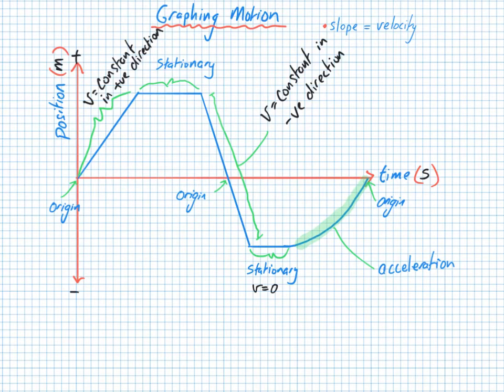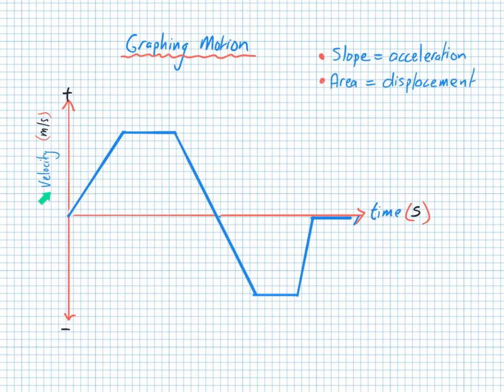We can also look at the gradient here. The gradient measures the velocity, and at different points on our graph, the gradient is increasing, meaning that the object is accelerating.